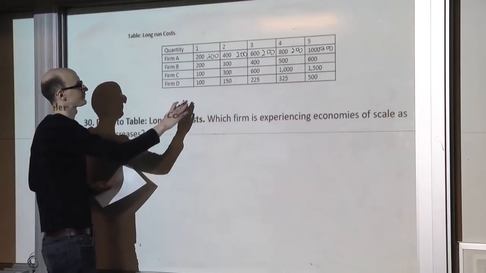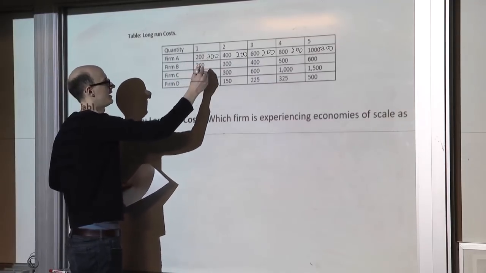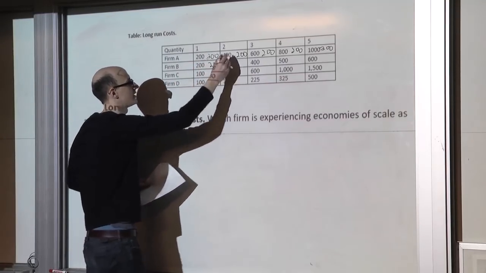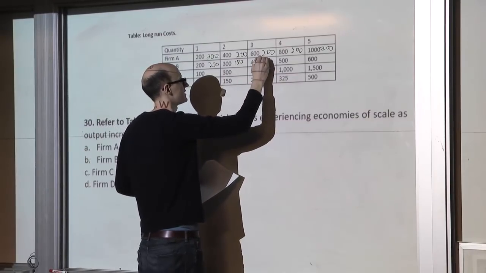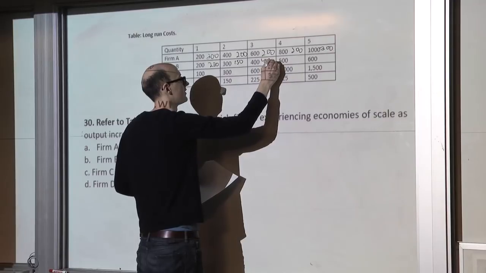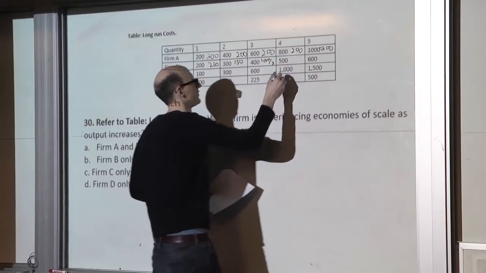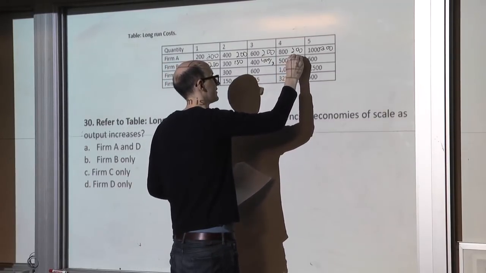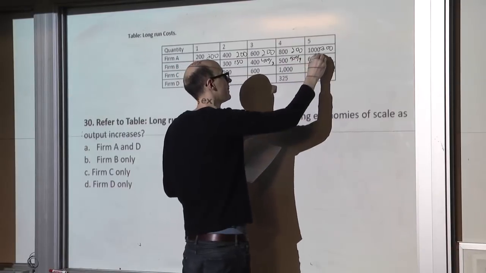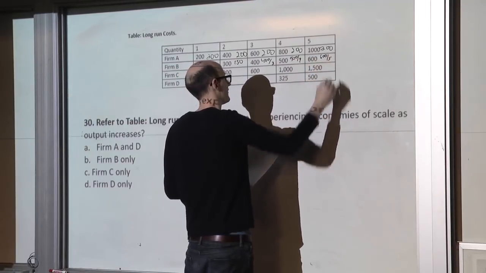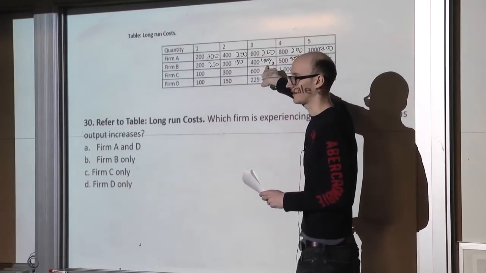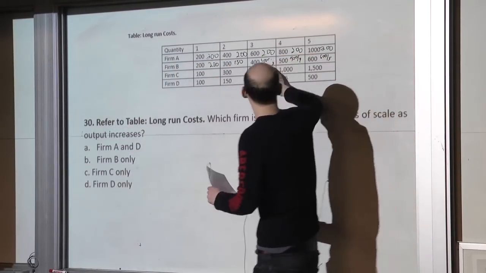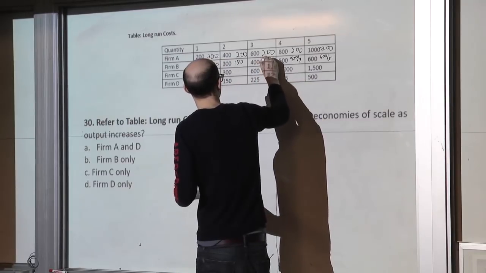How about here? Here it's 200. Here it's 150. Here it's 400 divided by 3, which is going to be less than 150. 500 divided by 4. 600 divided by 5. Did someone do those calculations? Yeah, 133.